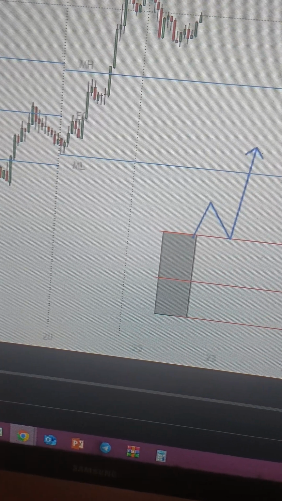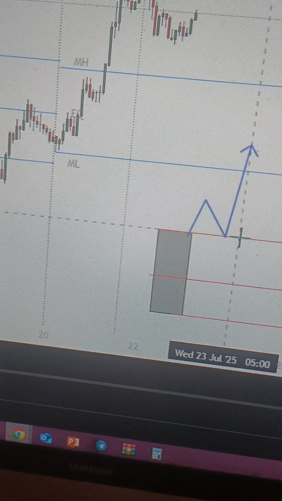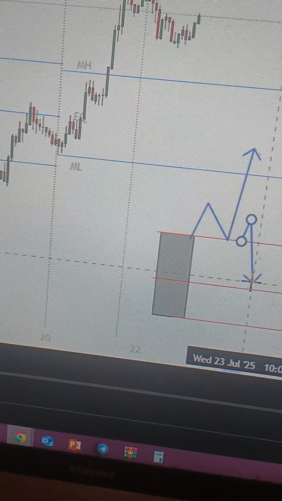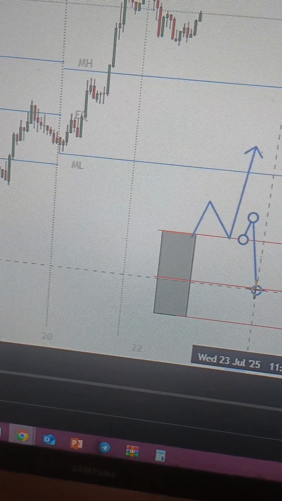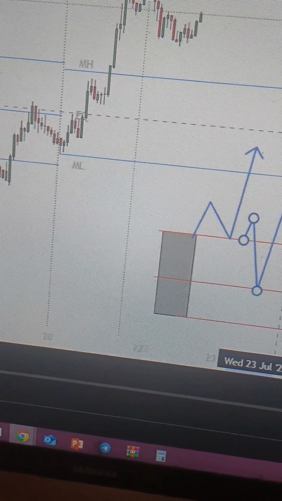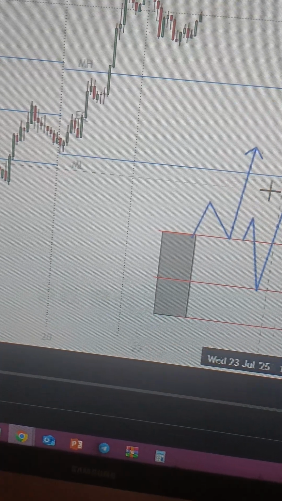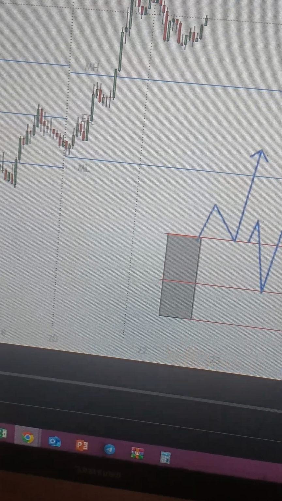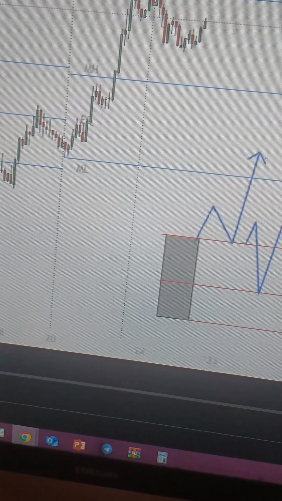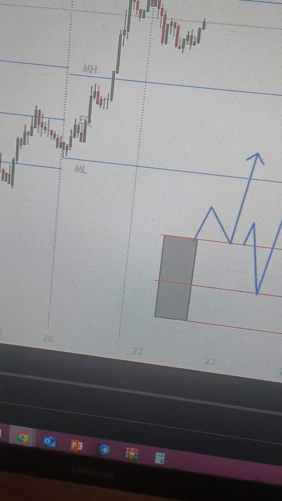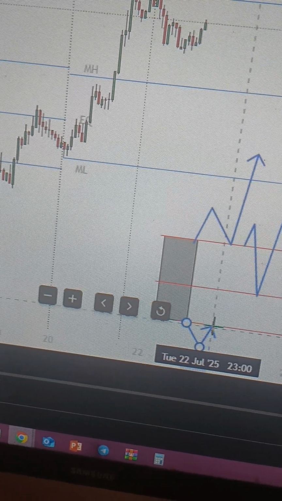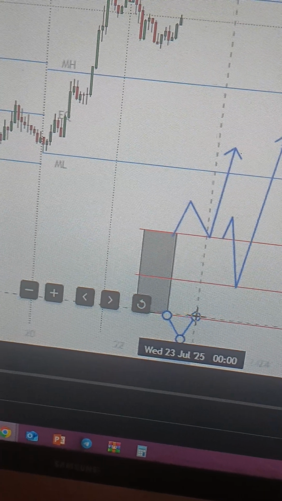Possibility 2, we might break out and then come back into the 50% and then continue. If these are the scenarios of us being bullish, and if we are bearish, these are the scenarios: breakdown, retest, and we go down.